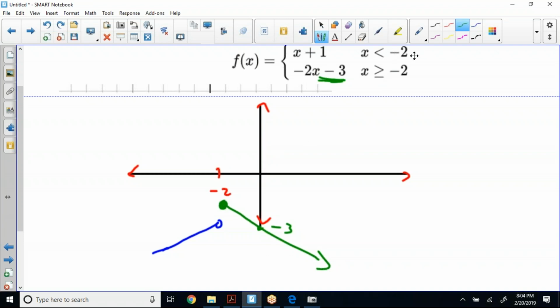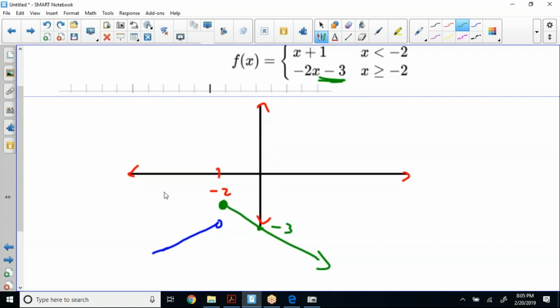Is 0 less than -2? So it doesn't exist there. It gives you a false statement, right? So I know it's going to look something like that. One coming up with an open, one going down with a closed. Okay, so that's the combo I'm looking for. And then I would look at where my y-intercepts are. That'd be my next thing I'd go to, right?